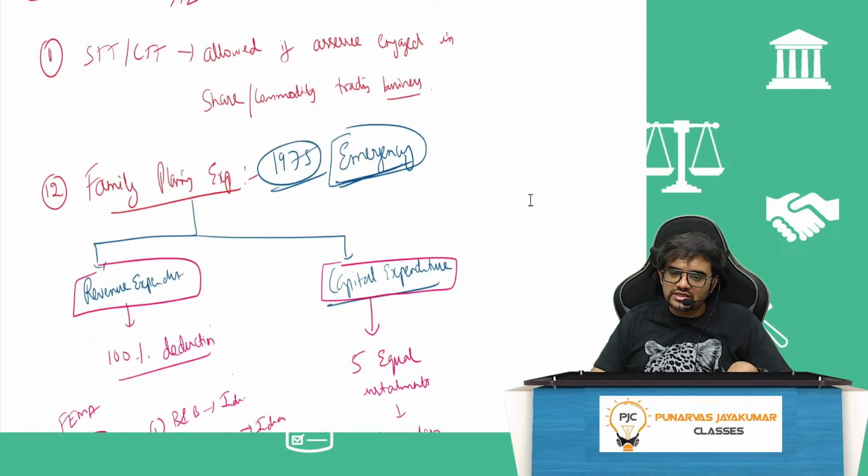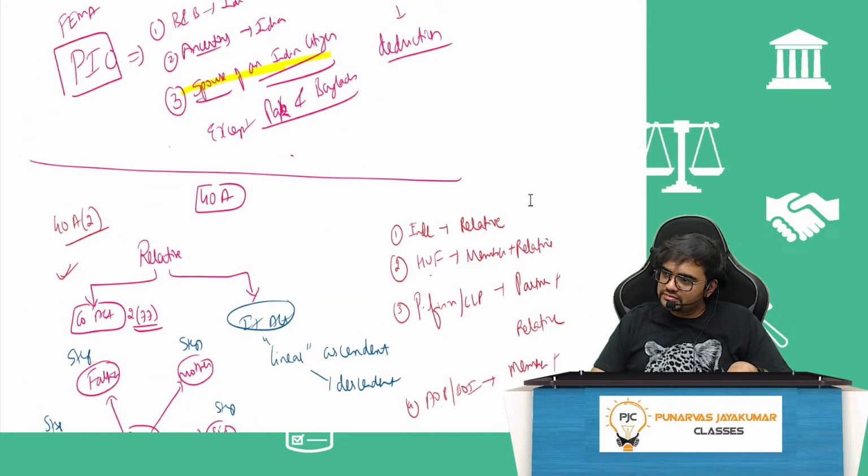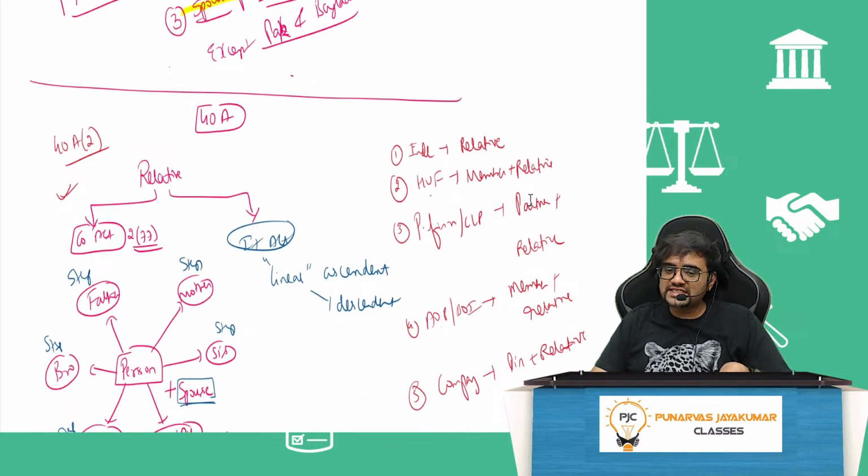Then two things are there, 40 capital A and 40 small a. 40A is what? 40A2 and 40A3. In that, 40A3 is already discussed: payment of expenses of more than 10,000 rupees to a person in a day is disallowed. 40A2 is excessive expenditure.